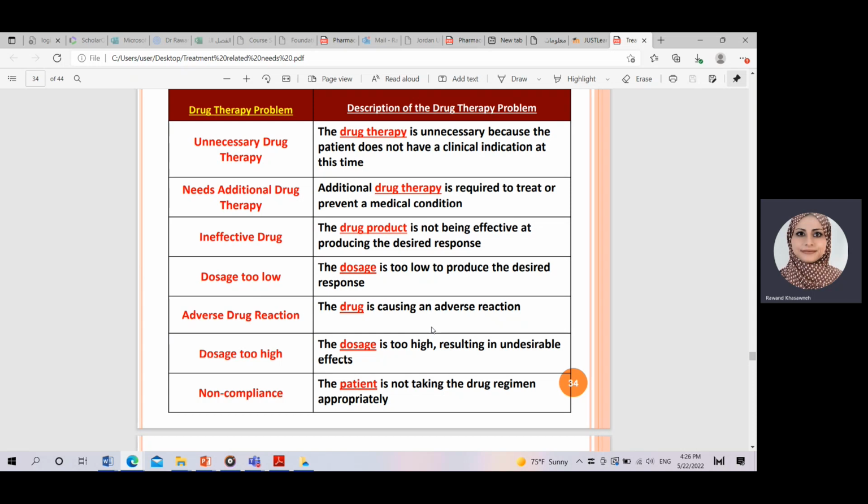He wants and he's willing to take the medication, but he has dexterity problems, or he cannot open up the container that contains the pills. Or simply the patient cannot swallow the tablet, so you have to switch to liquid dosage formulation rather than using the solid tablets, for example. The patient may also have problems obtaining or finding the prescribed product.